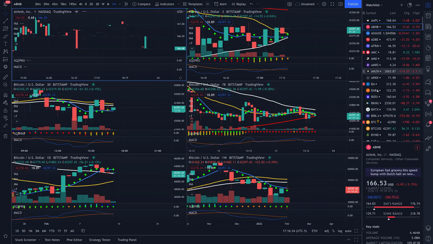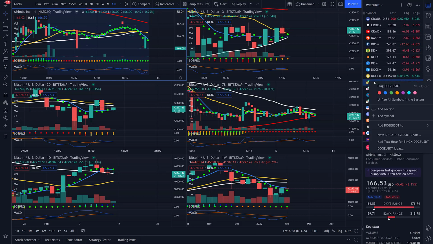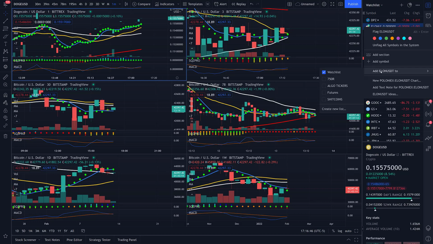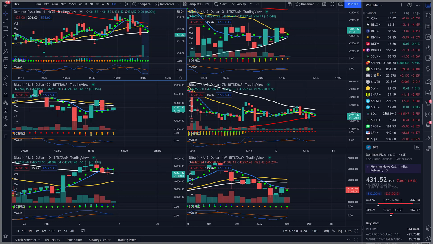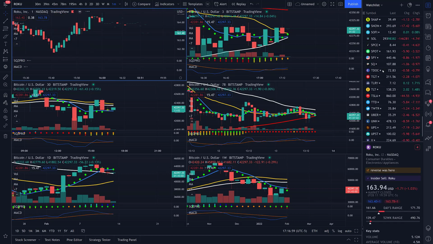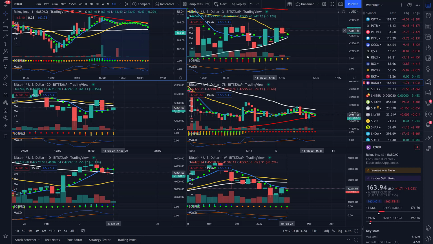And then let's move this one to there. And then Elon Musk. Shiba. And I don't know what some other shitcoins are here.